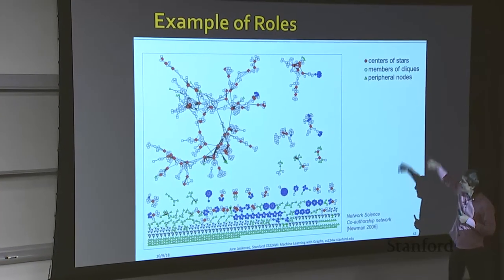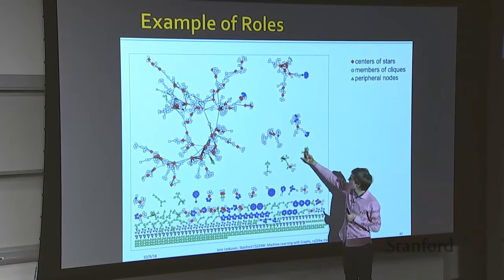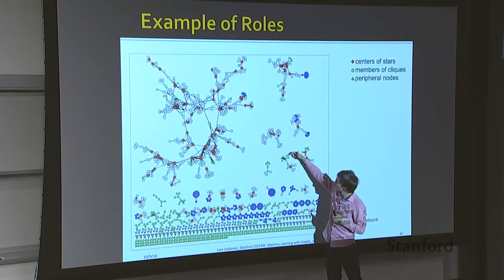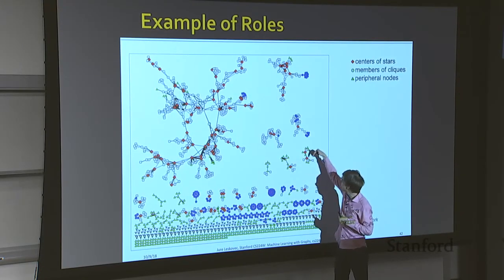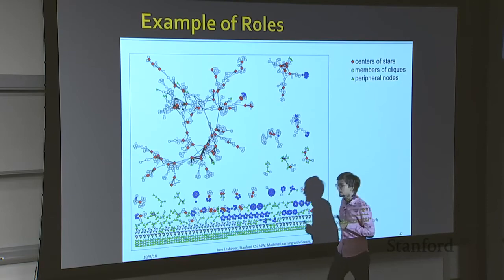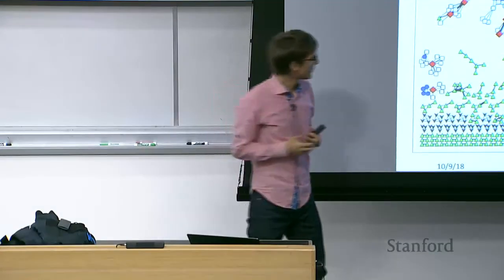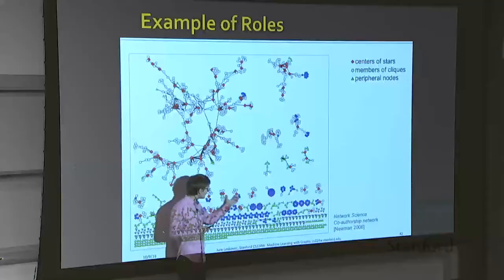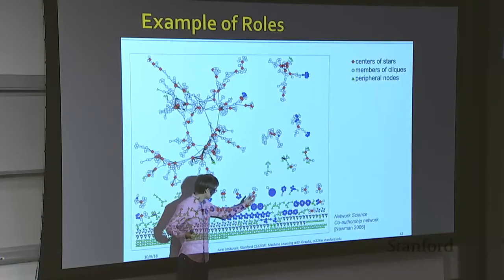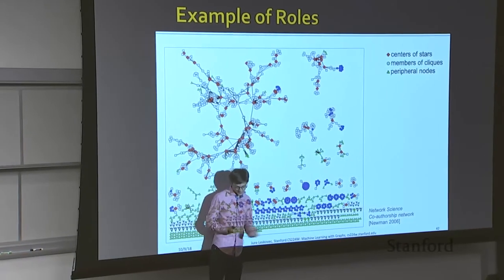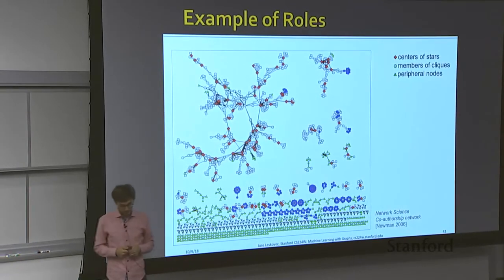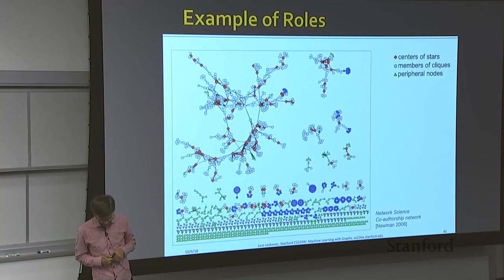And then, the triangles are peripheral nodes. These are nodes that have just one or a few connections, generally to the center of the star. So what we would like to do is have a method that identifies these types of roles and then assigns each node to a role. Okay, that's intuitively the task.